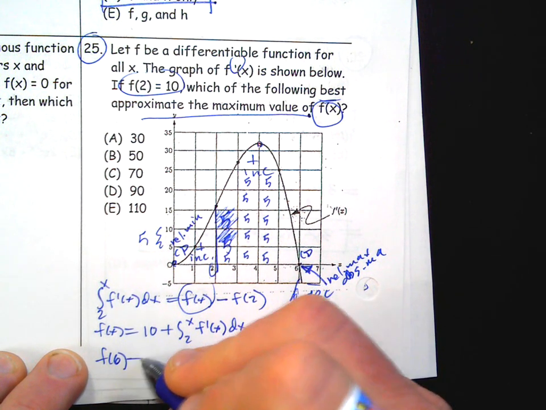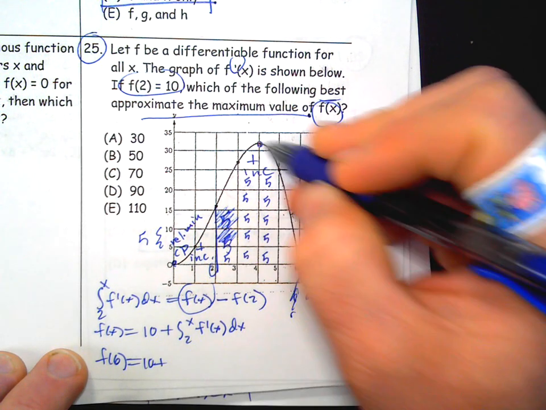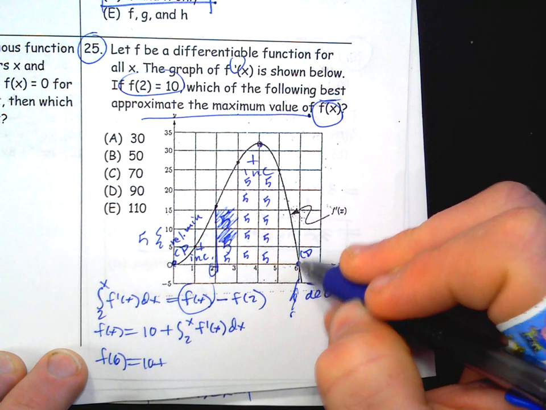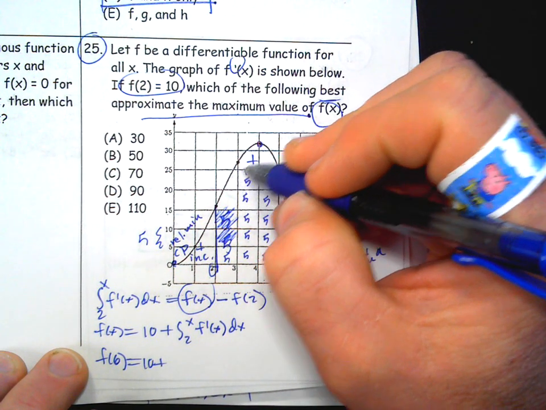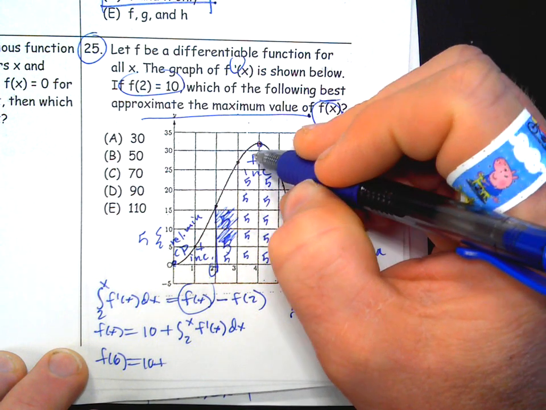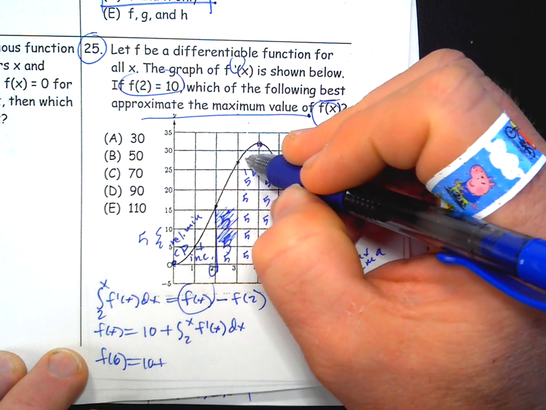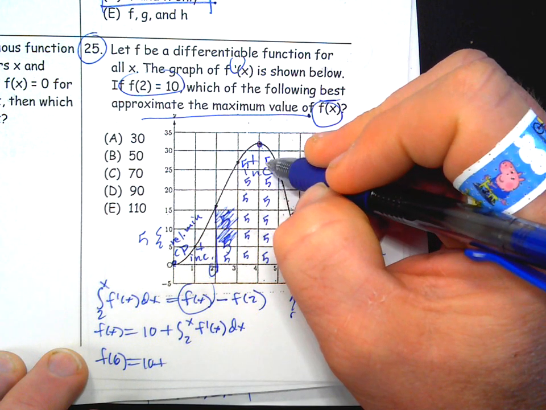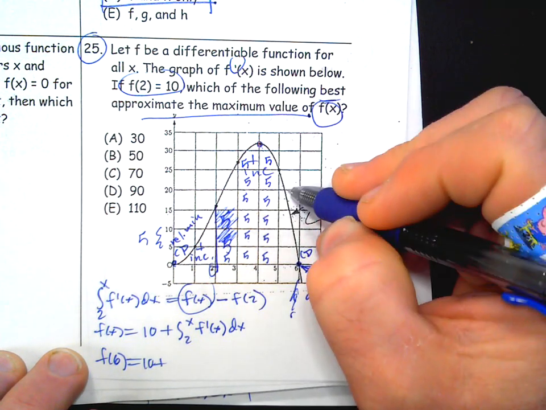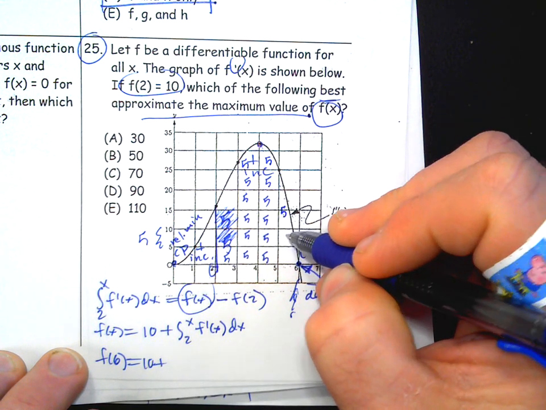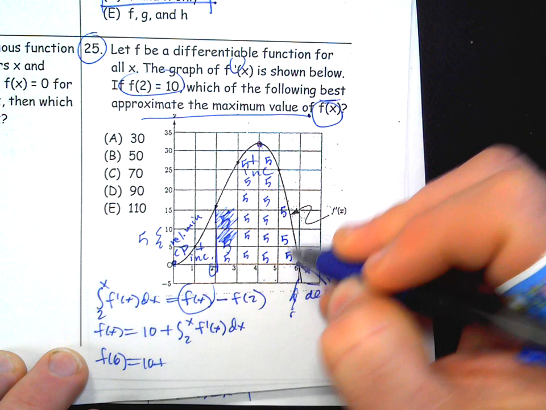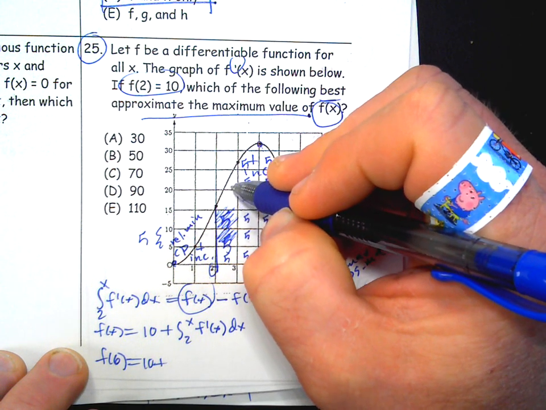So it's going to be 10 plus the area under this curve from 2 to 6. Let's estimate: these together are maybe 5, and these together are 5, and these together are 5, and these together are 5, and this is about 5, and this is at least another 5.